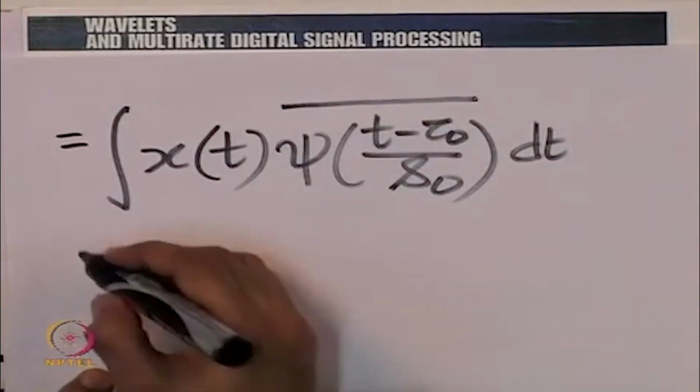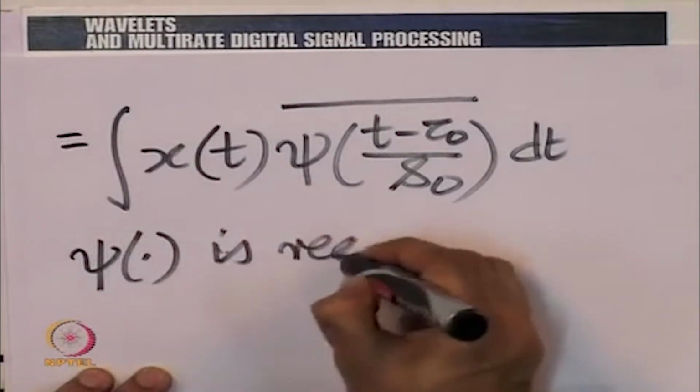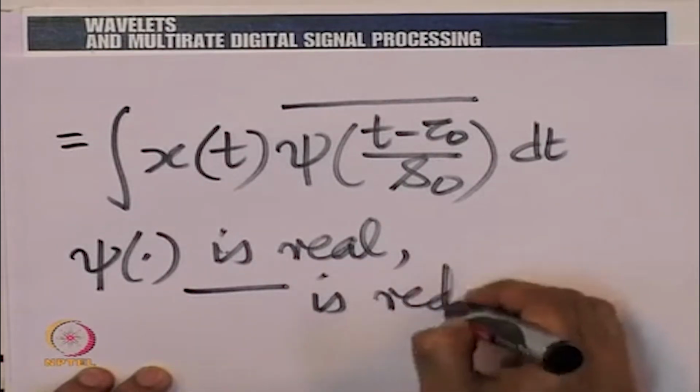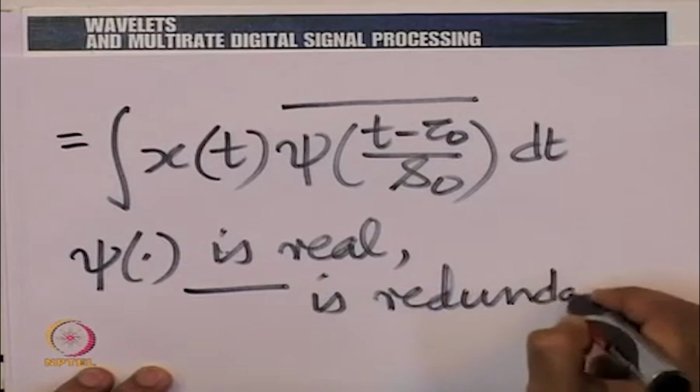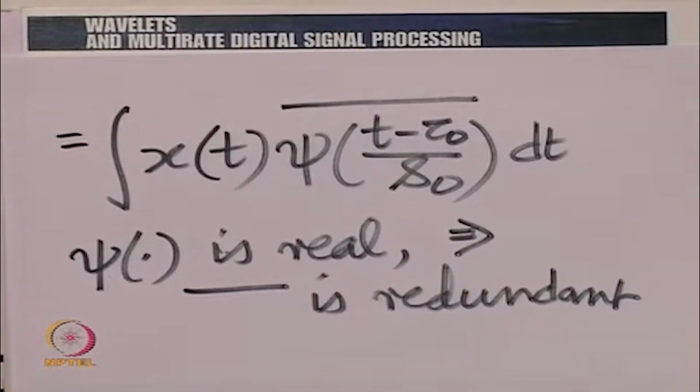Now, of course, if psi t is real, then the complex conjugate is redundant. And that is what we have been doing in all the real wavelets that we have been using, ignoring that complex conjugate. Now, let us interpret this also in the frequency domain sense.